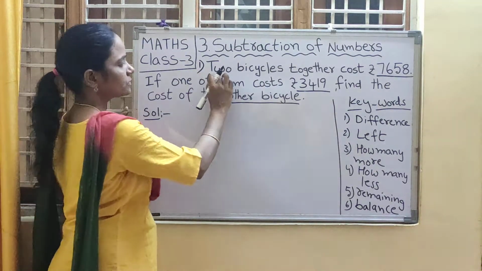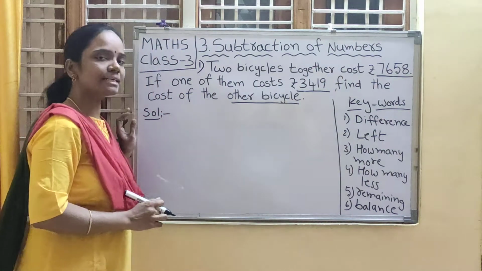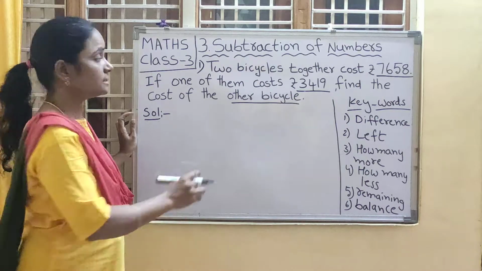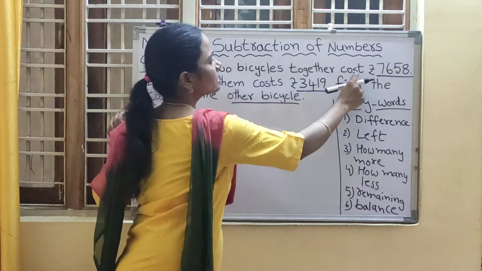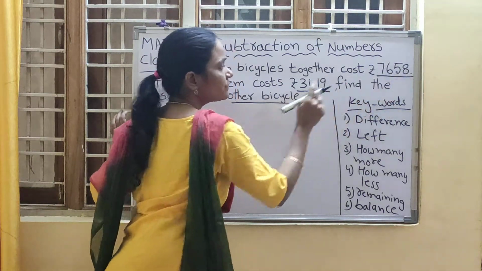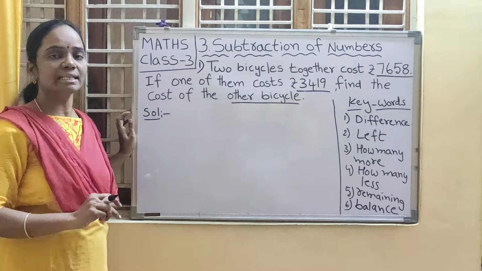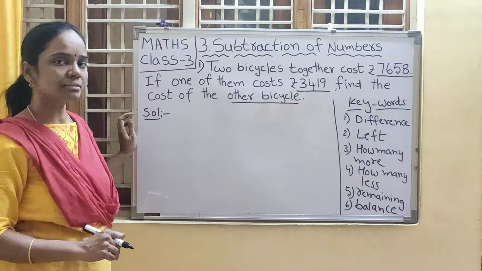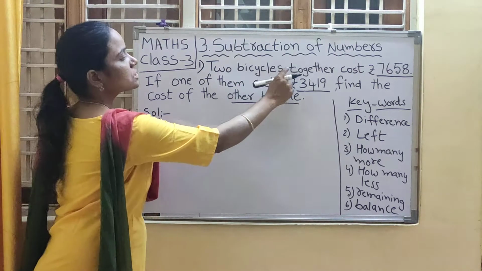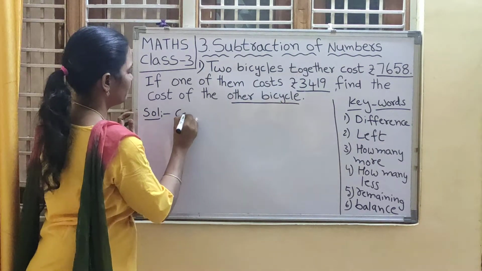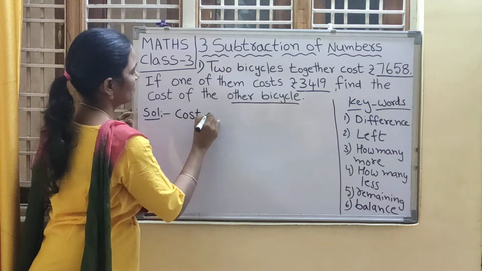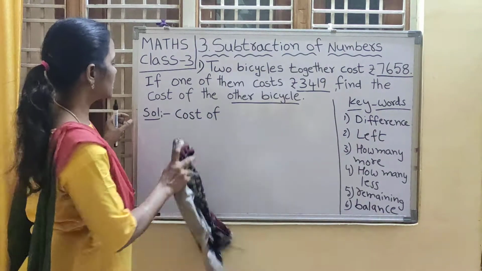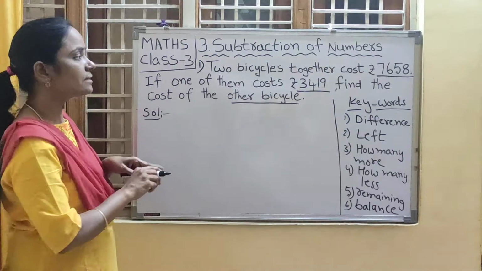First statement, read the first sentence, you will get there only the first statement. So what is the first line, children? Two bicycles together cost 7,658. From that sentence, how do you frame a statement? Yeah, very good.